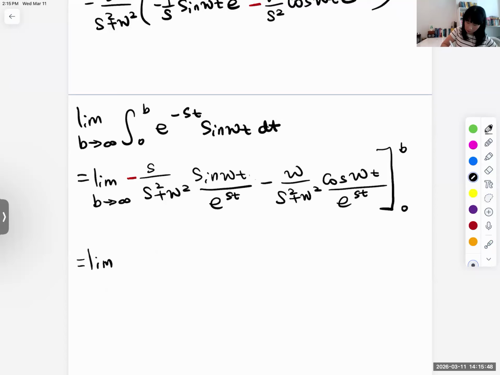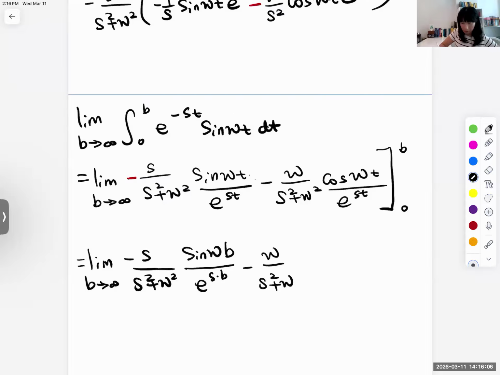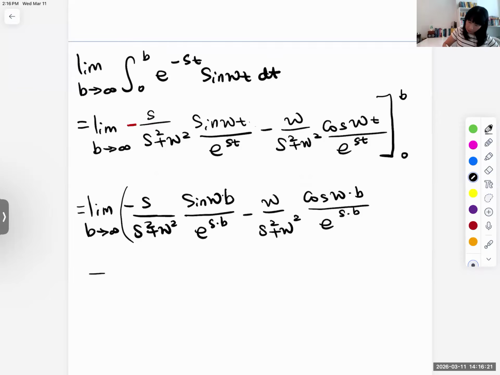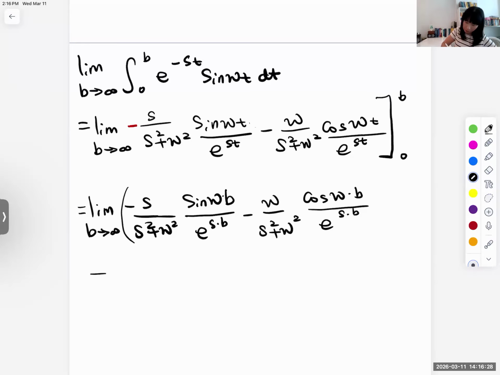Limit b approaches positive infinity of negative s over s squared plus omega squared sine omega t, which is b, over e to the s b, minus omega over s squared plus omega squared cosine omega b over e to the s times b, minus, and we will get negative s over s squared plus omega squared sine omega times 0 over e to the 0 power, right?